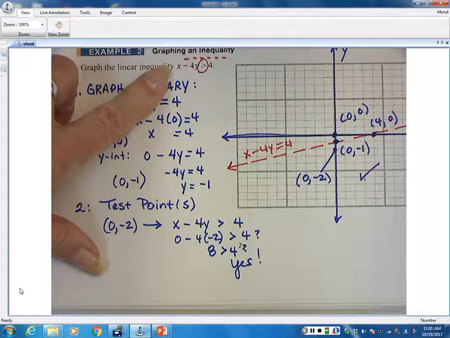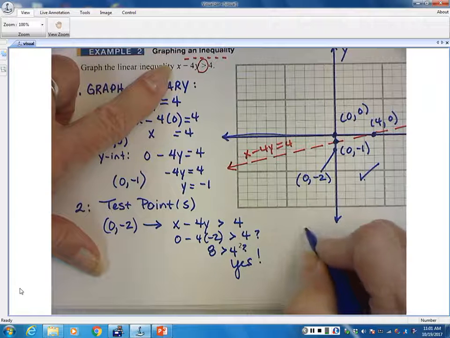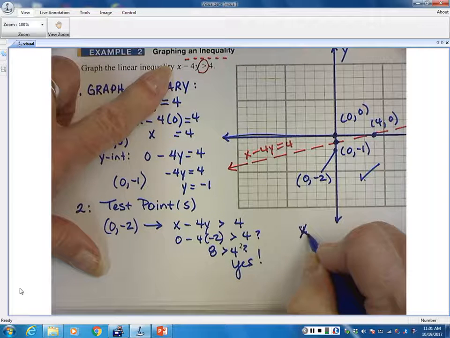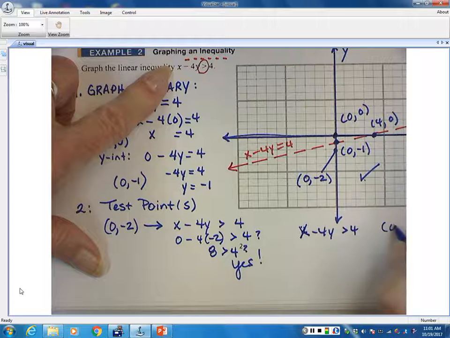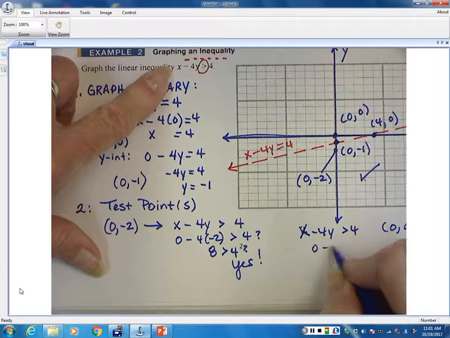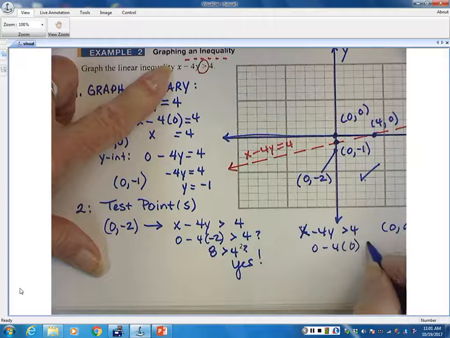But just to be sure, we're going to take x minus 4y is greater than 4, and we're going to try out 0, 0 just to be sure. 0 minus 4 times 0 is greater than 4. That's 0 minus 0, which is 0 greater than 4?